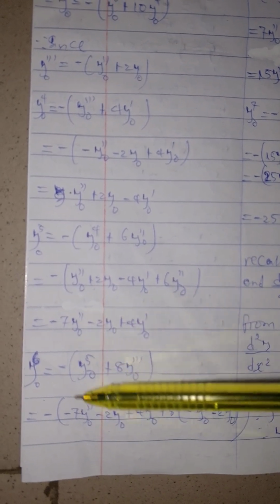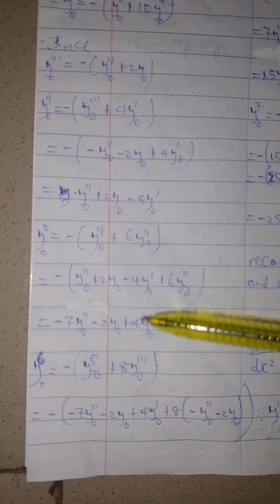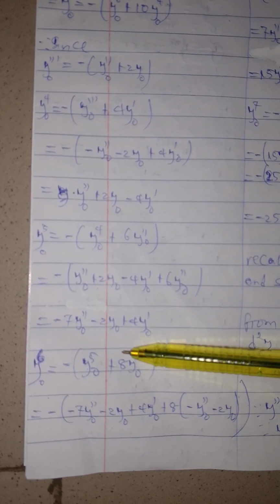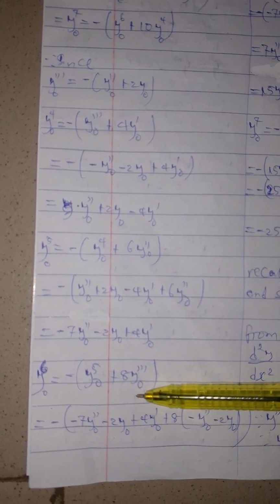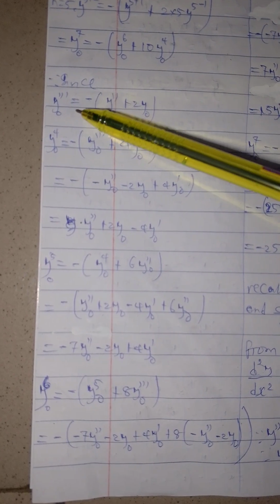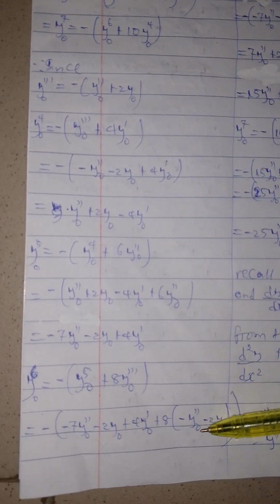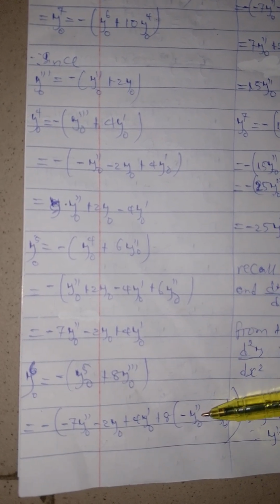So minus 7y'(0) minus 2y(0) plus 4y(0), now plus 8y'(0). And also we have the answer for y'(0). Now if you check, the answer for y'(0) is this. So I have to equate it here, that is this, right?